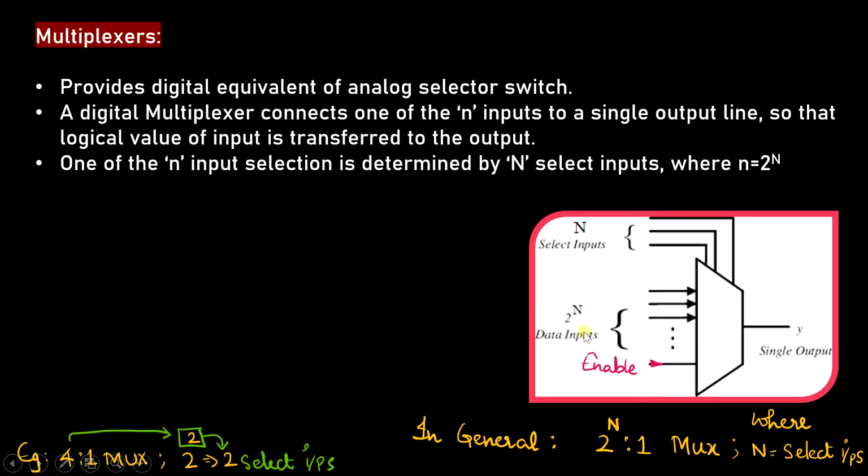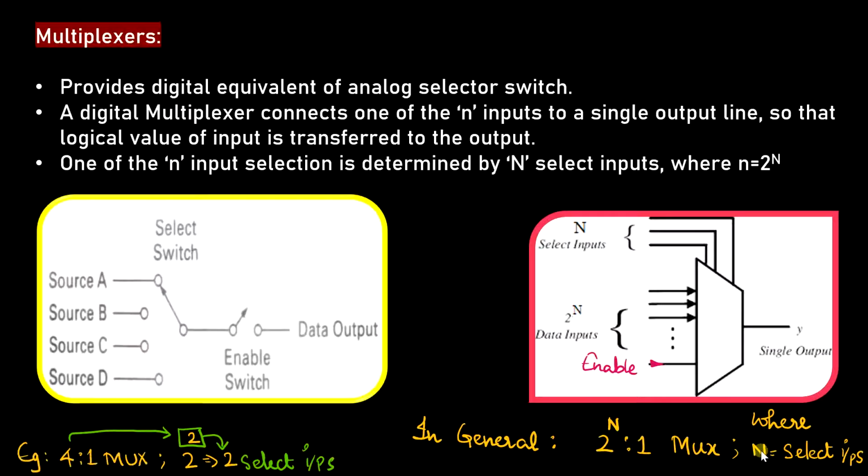If you look at the block diagram, you have 2^n data inputs and a single output, hence the name 2^n:1 mux. Coming to the functionality of the analog selector switch, or the analog select function, in this particular case it would be a 4:1 mux.